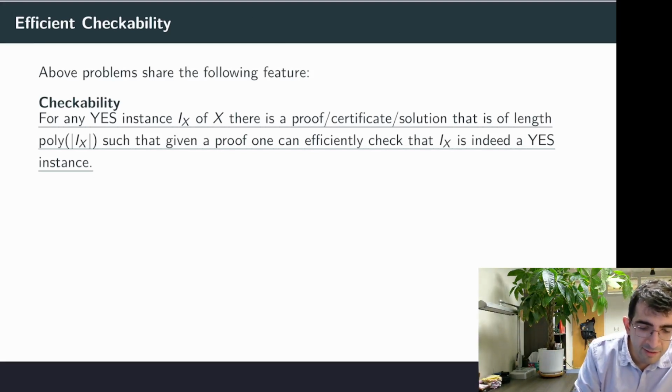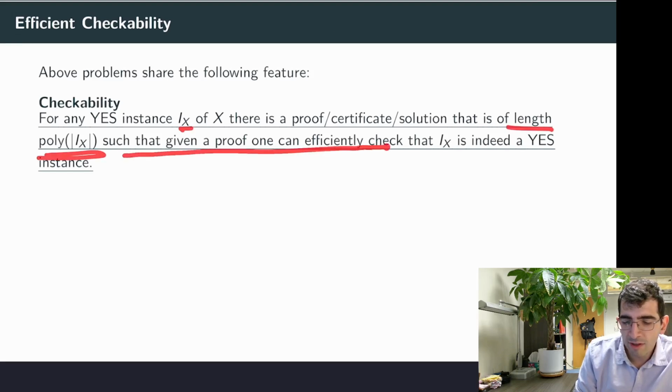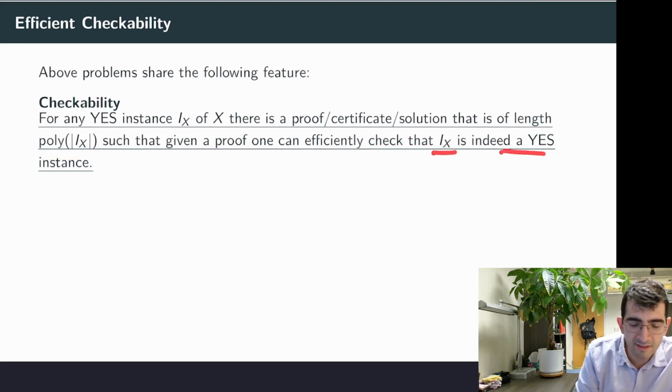For any yes instance Ix of x, we need to show that there is a proof, certificate, or solution that is of length polynomial to the length of Ix, such that the given proof can be efficiently checked to see that Ix is indeed a yes instance. Okay?